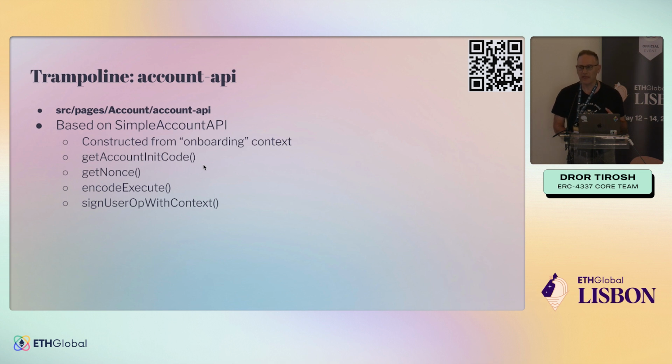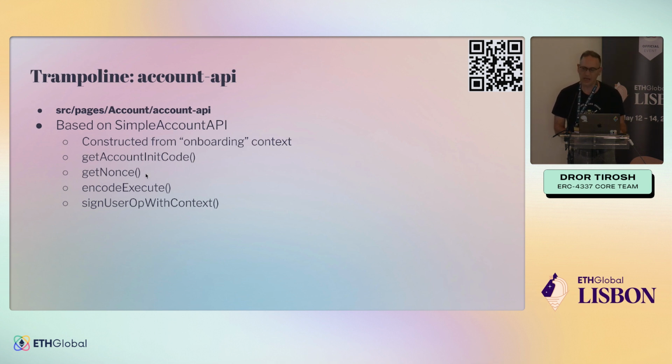Get init code is the constructor code, if you like, that is called to create this account. It's a call to a contract and what data to pass to it. Usually this data contains the signer information to create this account. The factory contract is on-chain, and this is data to create it.